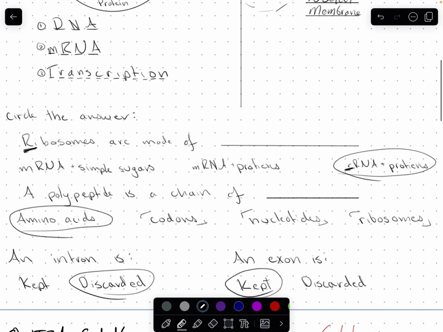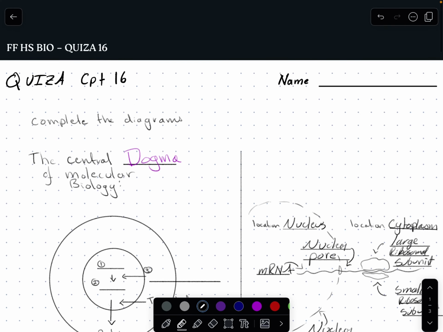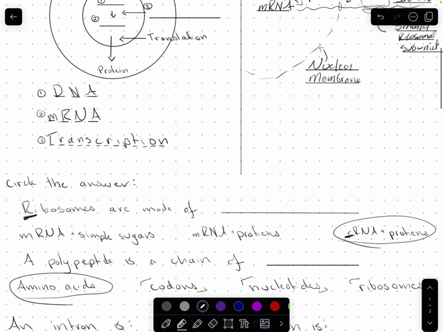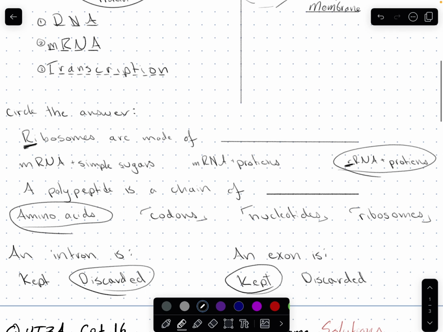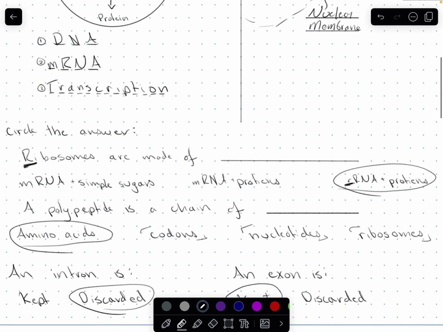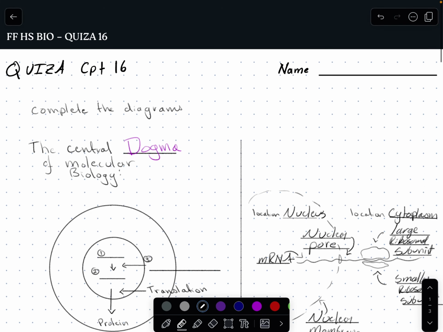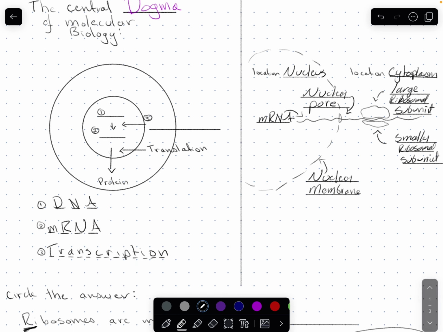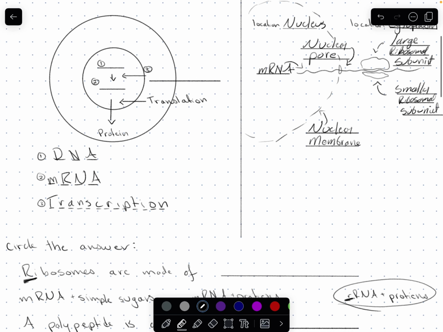So there's our quiz for this week. Make sure you bring those in for next week, just so we can keep tabs and see how everyone did. But if you got all the diagrams and stuff correctly, that'll be a big portion of it. So good job.